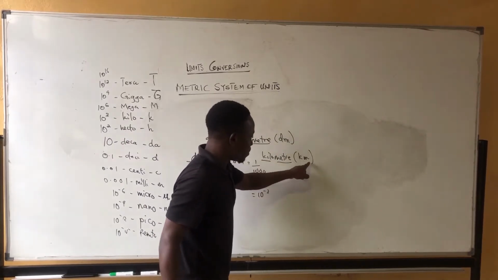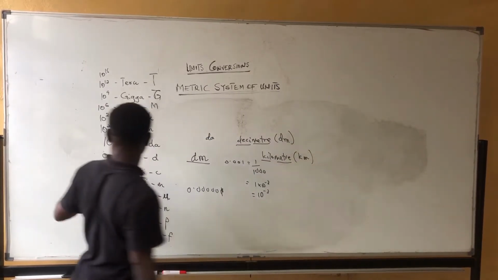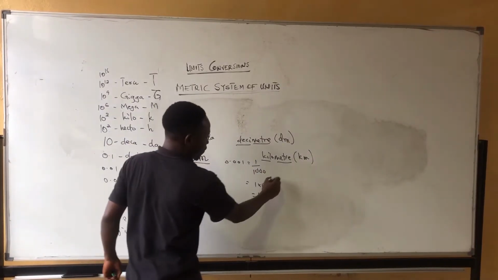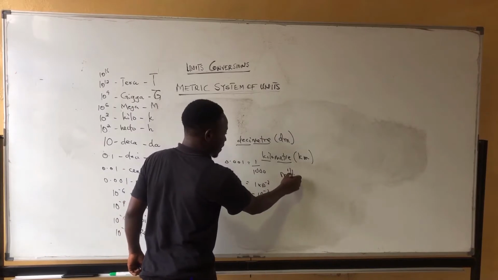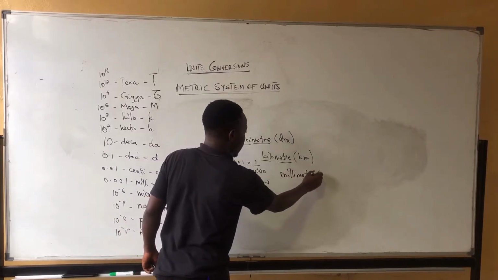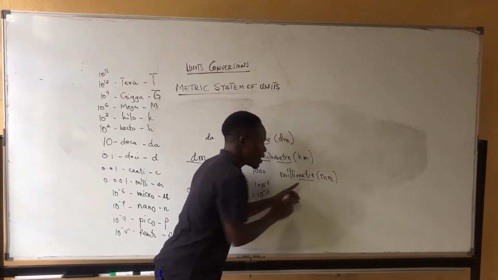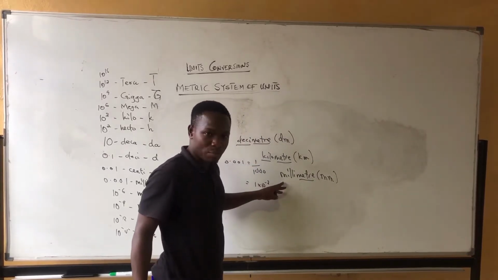So k, meter, with k representing the kilo attached to it. When I have millimeter, the same thing is happening. There is a main word, which is the meter, the base unit, and then the milli, which is the prefix attached to it.